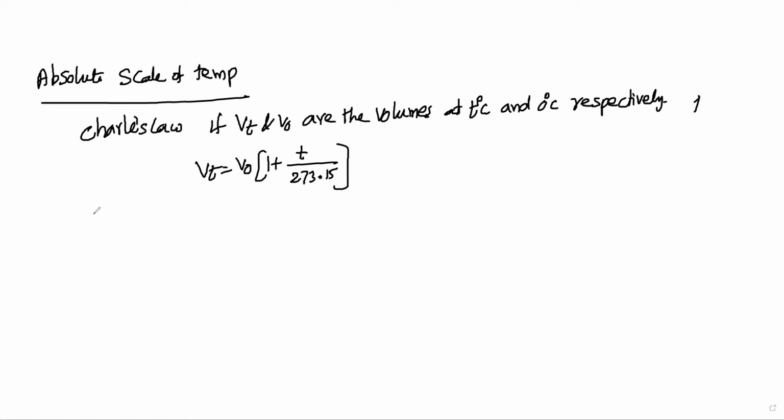Clearly, the volume of the gas below 0 degree centigrade will be less than V0. So V minus T is equal to V0 into 1 minus T by 273.15.